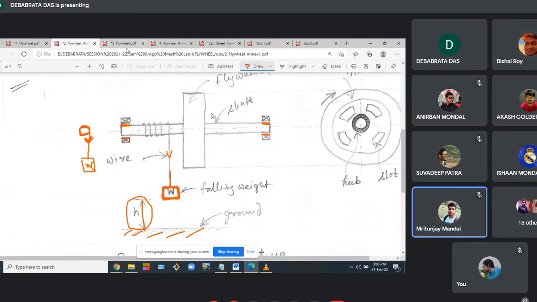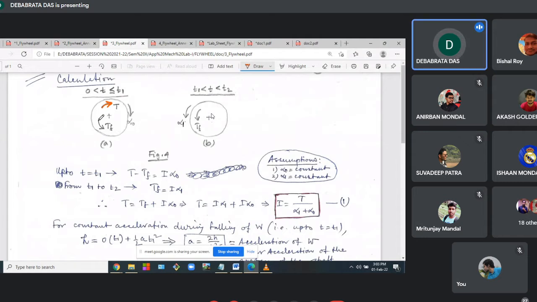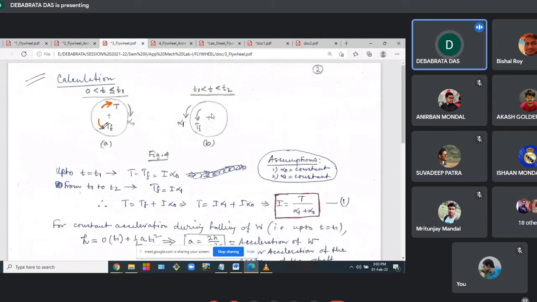So the retarding torque is still acting from 0 to T1, and that is called TF. This is the frictional torque. So during 0 to T1, 2 different torques are applied: T, which is trying to accelerate the flywheel, and TF, which is trying to retard it. So there are 2 effects.